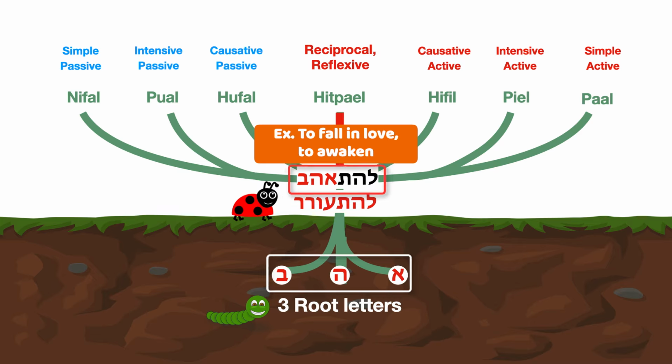Our first heatpile example is the Hebrew verb which means to fall in love. The root letters here are Aleph, He, Vet. So by adding the prefix lahit to the root, we form the verb, להתאהב. That means to fall in love.